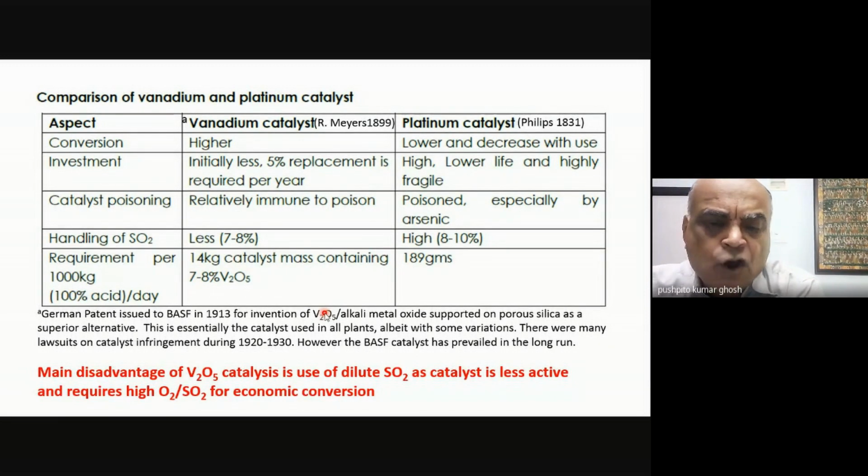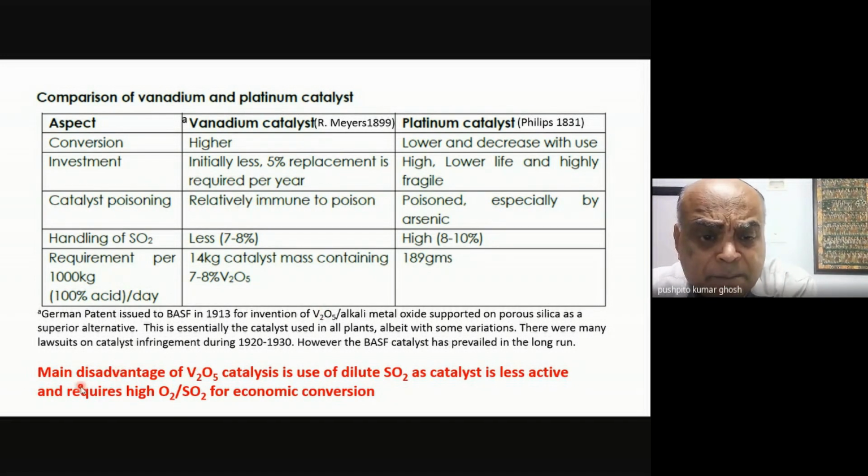Someone would say, no, my catalyst is better, you are infringing on my technology, and this went on for quite some time. But ultimately BASF prevailed, and I think everybody came around to the fact that the BASF catalyst is the best catalyst. So everybody else more or less fell by the wayside compared to BASF.